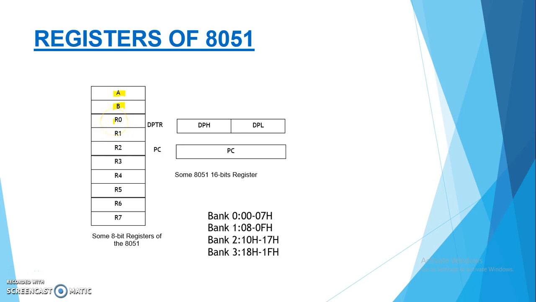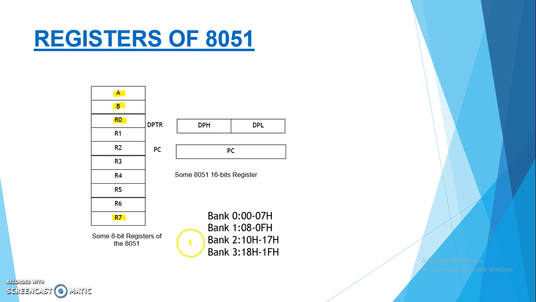Apart from that, we have the various general purpose registers starting from R0 to R7. These 8 registers are allotted in the register banks of 8051. You might know that there are 4 register banks inside 8051, namely bank 0, bank 1, bank 2 and bank 3.